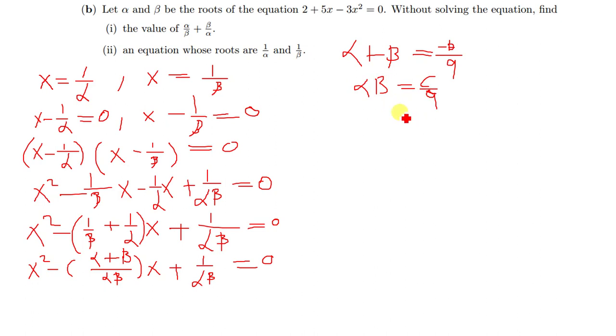So you get them from this equation: c over a will be 2 over negative 3, and negative b over a will be 5 over 2. So you find them and then replace them where there is alpha plus beta and alpha times beta, and then simplify the expression. Whatever you get is going to be the solution. So we'll quickly move on to the next question.